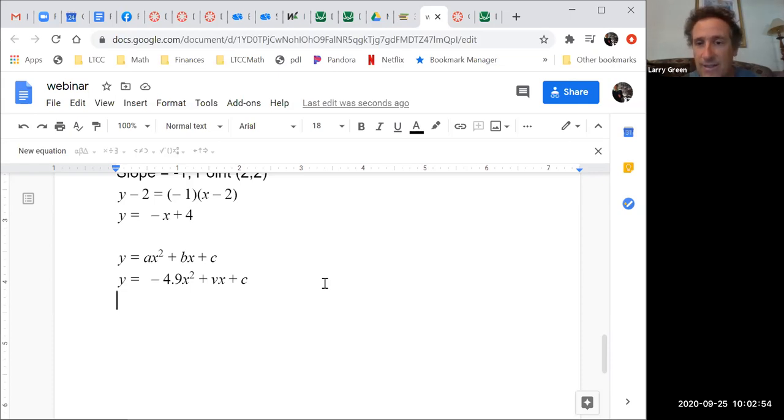Got it? The derivative is the velocity, and that's really important. Or let's try it the other way. The velocity is the derivative. Sometimes you'll say the rate of change is another way of saying the same thing, and that is in physics. Any questions on that?